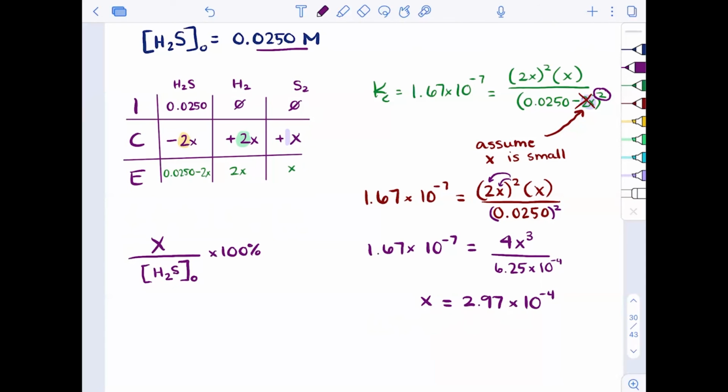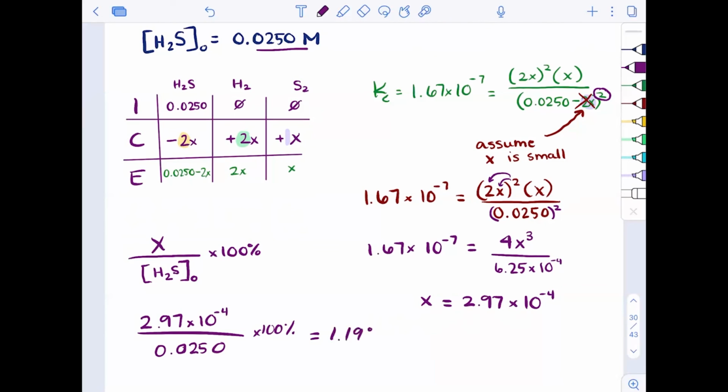If it's greater than 5%, then we need to go back and do the quadratic equation. All right, 2.97 times 10 to the negative 4 over 0.0250. I'm going to multiply by that 100% so that I can see the percentage of anything less than 5. If you don't want to do the percentage, the ratio should be less than 0.05.